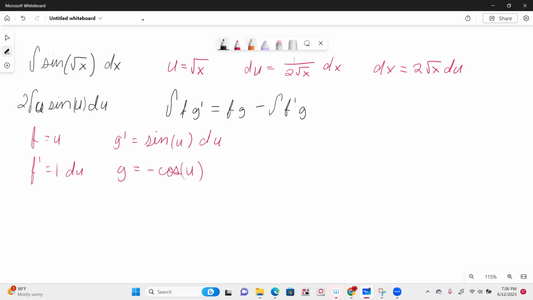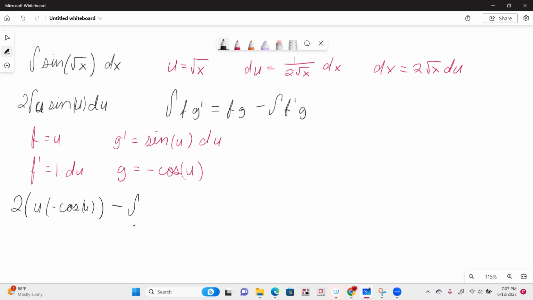Okay, now that we've defined our integration by parts terms, we can plug them in. Remember to not forget the 2 out in front though, so I'm just going to bring it down so I don't forget it. So we're going to be doing 2 times f times g, so u times negative cosine of u, minus the integral of the derivative of f times g.